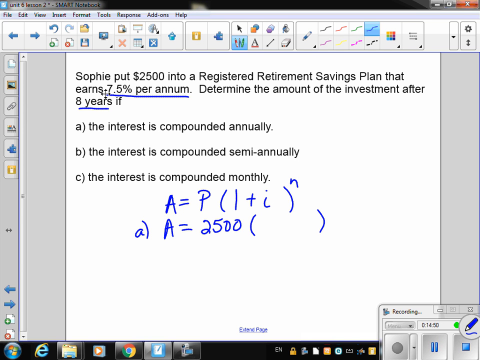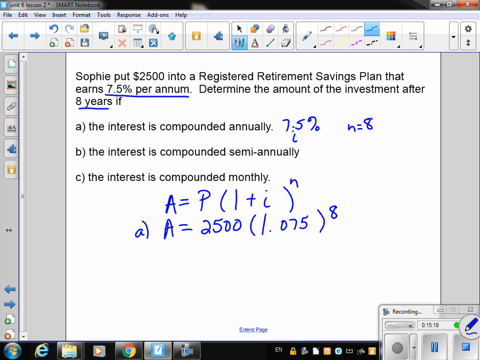The interest rate, if it is compounded annually, is 7.5% just as normal. So I'm going to have 1.075 for my rate of growth. The number of times it's put into the investment over 8 years is once a year. For 8 years, that would be 8 times. So my exponent is 8. This would be my I.